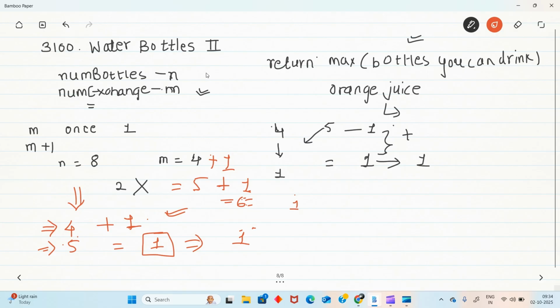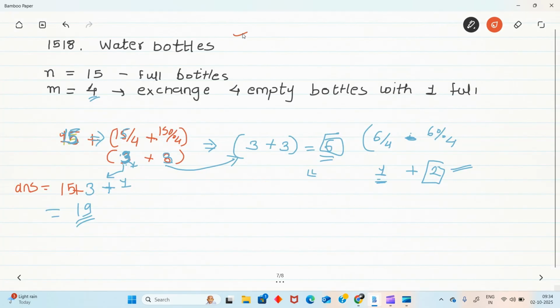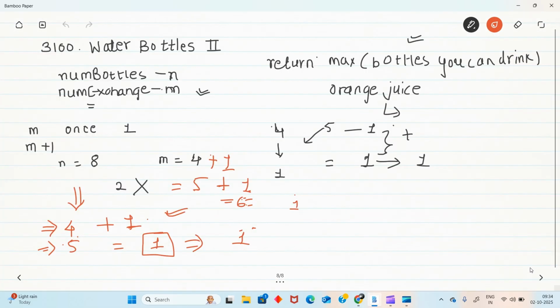So the question is, we can only exchange once to get one bottle, and then we have to increase the number of exchange. Now how we will solve this question is simple. In the previous question, Water Bottles, we were directly dividing and finding the remaining bottles, because there we could exchange in multiple batches as well.